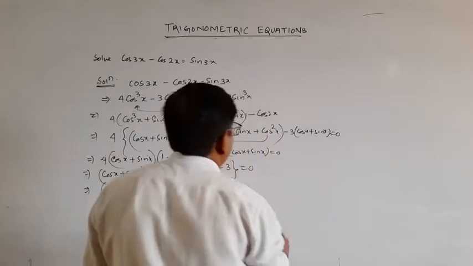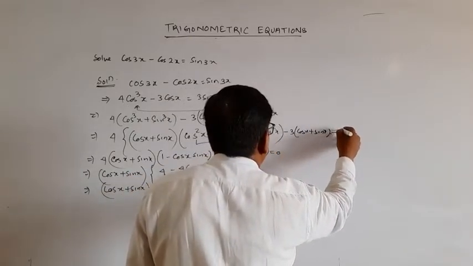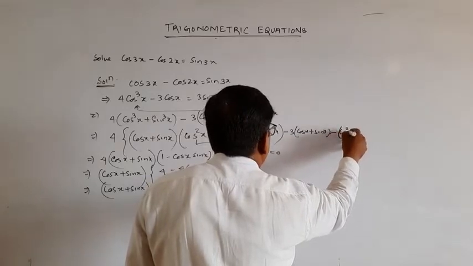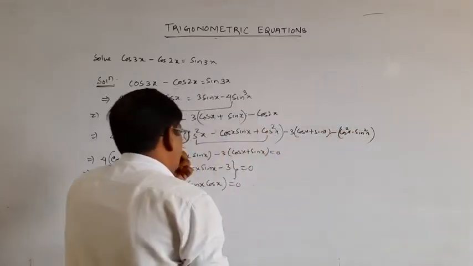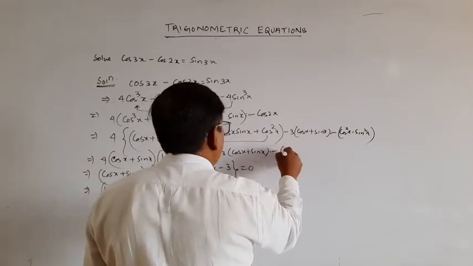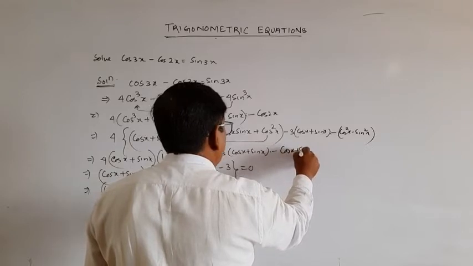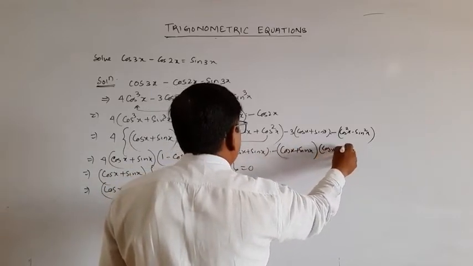We get here minus cos square x, so minus of (cos square x minus sin square x). So this is equal to minus of (cos x plus sin x) into (cos x minus sin x).